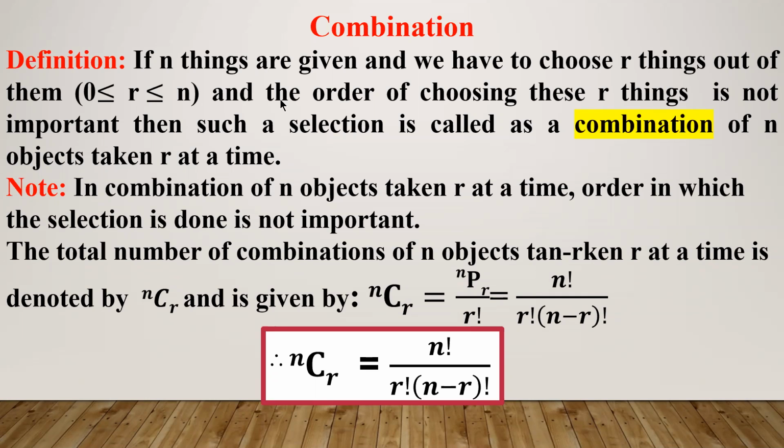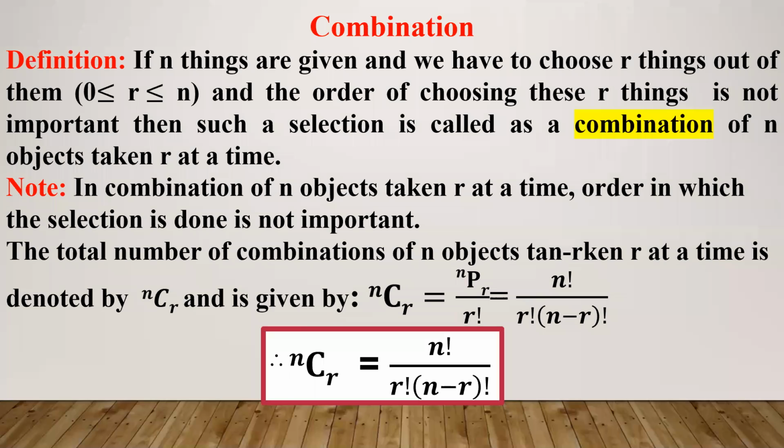Okay. So if n things are given, we have to choose r things out of them, and the order of choosing the r things is not important, then such a selection is called a combination of n objects taken r at a time. Now see here.